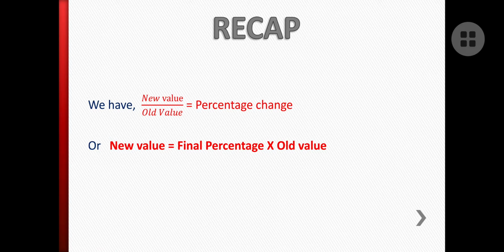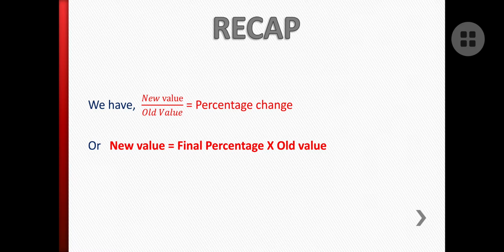If it is an increase, you have to add to 100. If it is a decrease, you have to subtract from 100. You remember? Yes. So we did a few problems regarding it, and it was regarding the finding of new value.